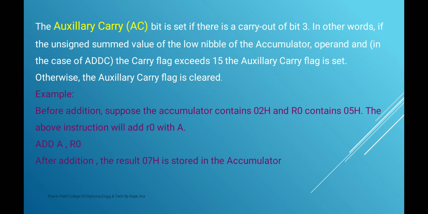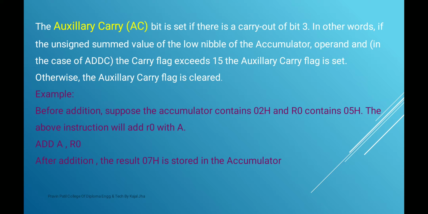Example: before addition, suppose the accumulator contains 2h and R0 contains 05h. The instruction will add R0 with A. How can we write that instruction? ADD A, R0. You don't write ADD R0, A, this is wrong. You have to write ADD A, R0, because the result of an arithmetic operation is always stored in the accumulator, which is used for storing the results of the arithmetic and logical unit.